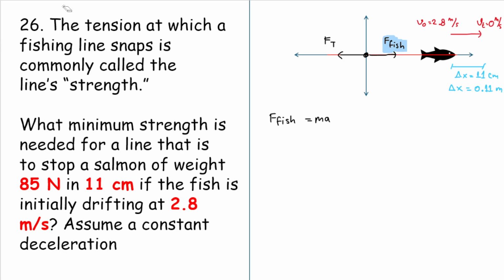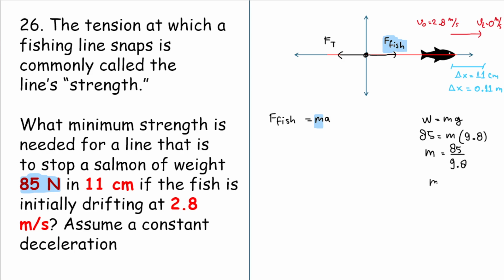Okay, but first we need to know the mass of the fish. We know the weight of the fish is 85 Newton, but the weight is just mass times gravity. If the weight is 85, we can calculate the mass, so I'll have mass times 9.8. The mass of the fish is 85 divided by 9.8.